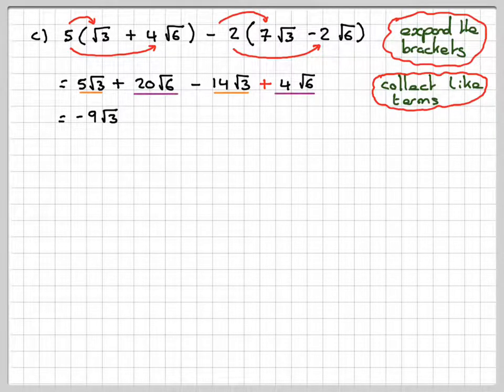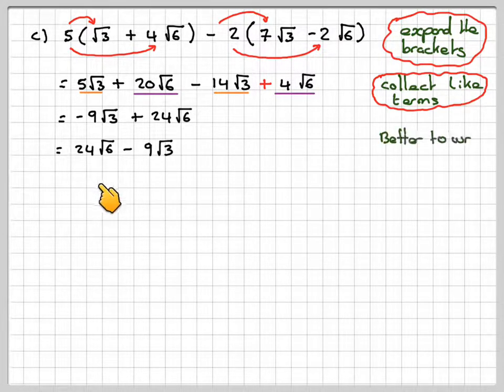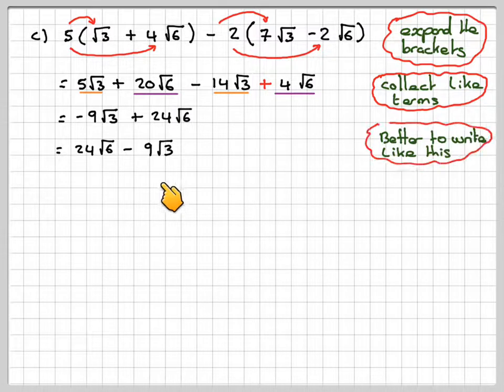And then these two terms here are the same, which is 20 root 6 plus 4 root 6, which gives me 24 root 6. Maybe better to write it as 24 root 6 minus 9 root 3, because we don't like to have minus signs at the front of an expression.